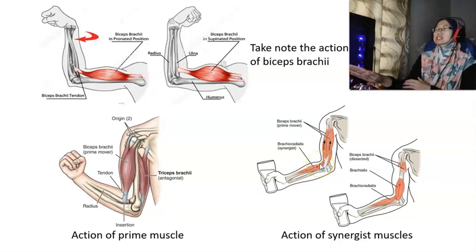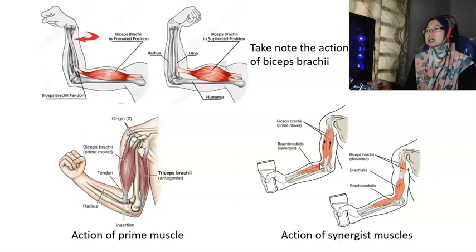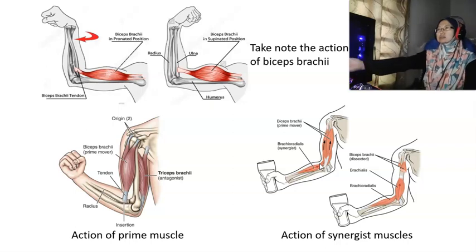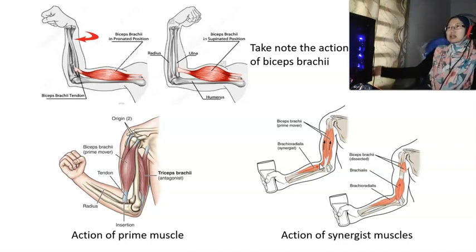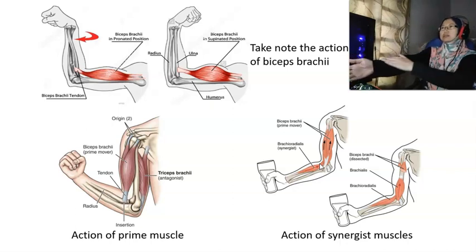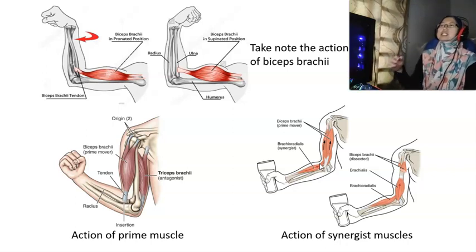Brachioradialis assists flexion. Actually brachioradialis dia akan put your hand in a mid-prone position. Macam ni kan kalau I berdiri, supinate, pronate, dia macam ni. Mid-pronate. Pronate, supinate. This is the action of brachioradialis.